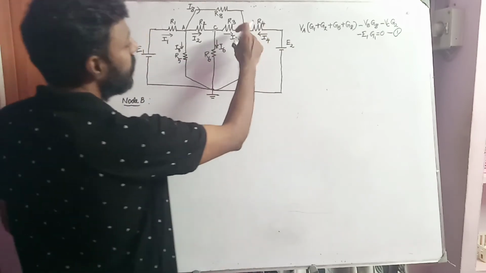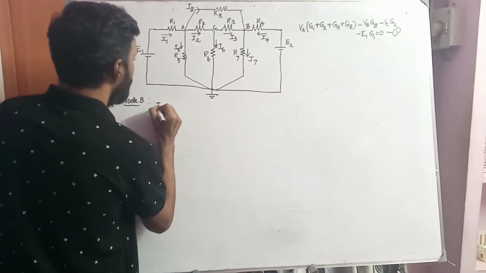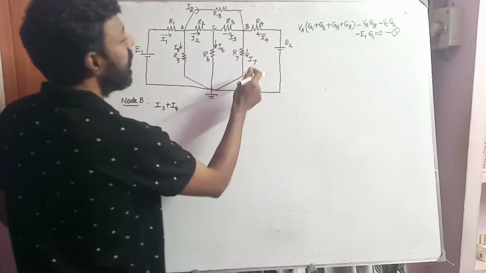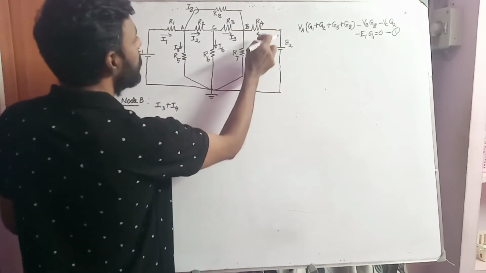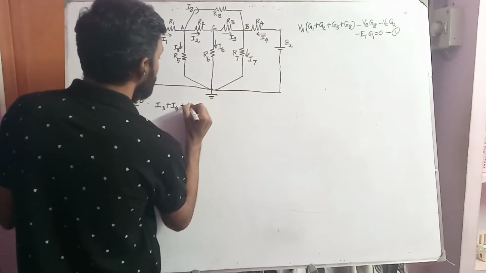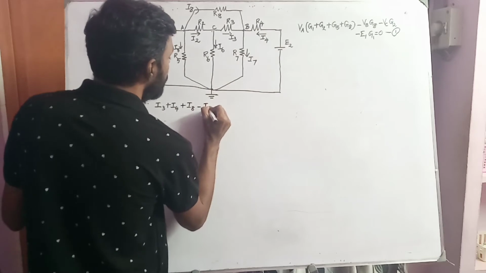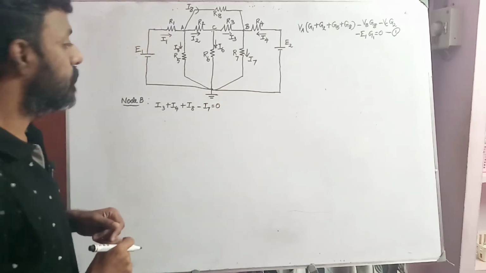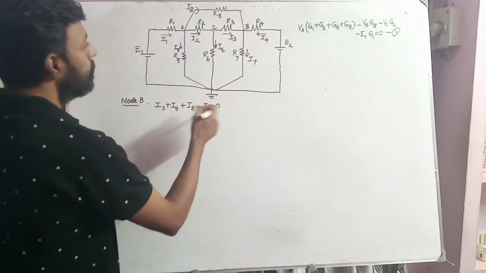So when I apply KCL, it will be I3 plus I4 plus I8 minus I7 is equal to 0. This is the KCL equation.